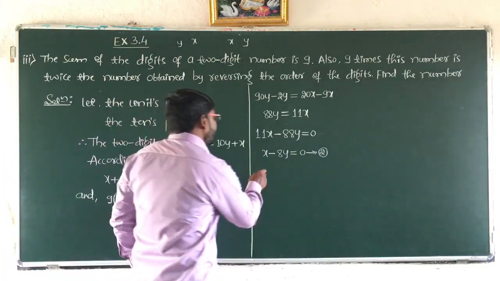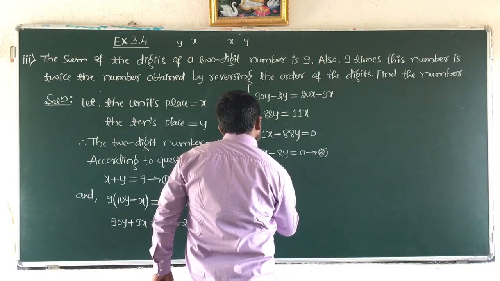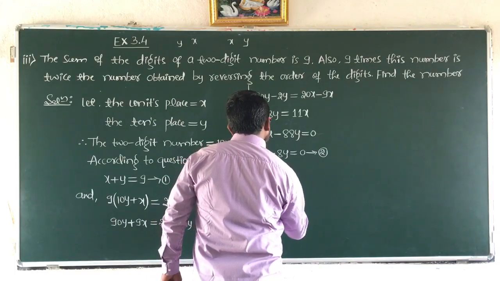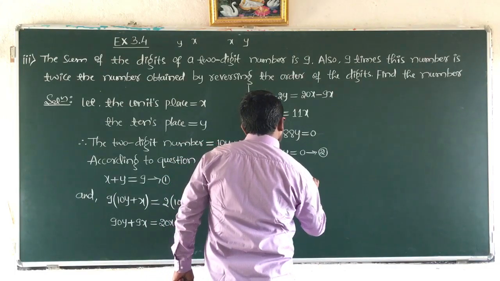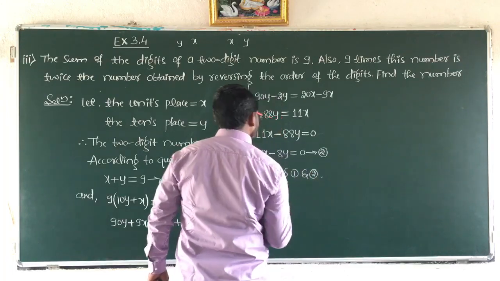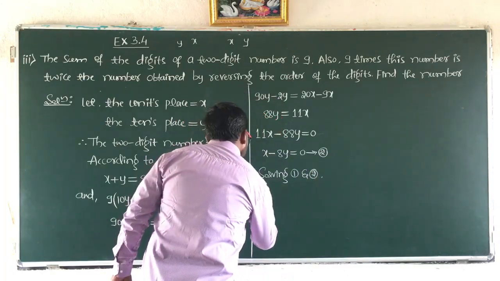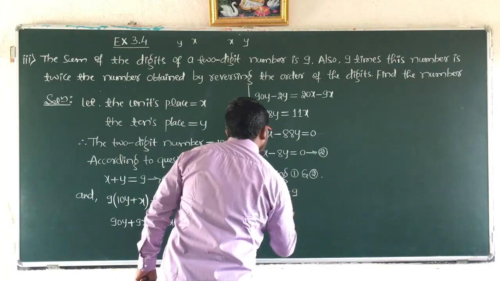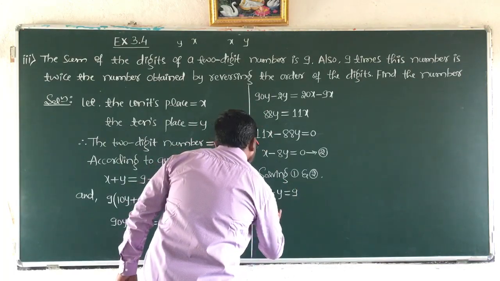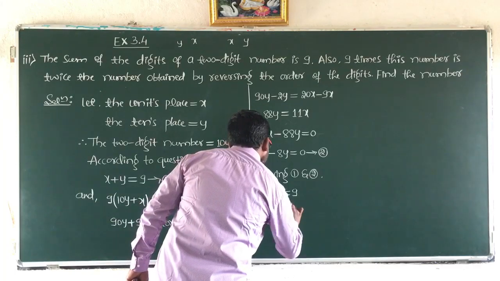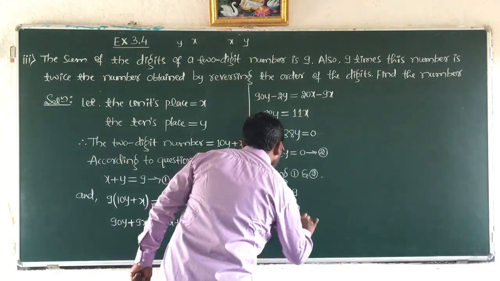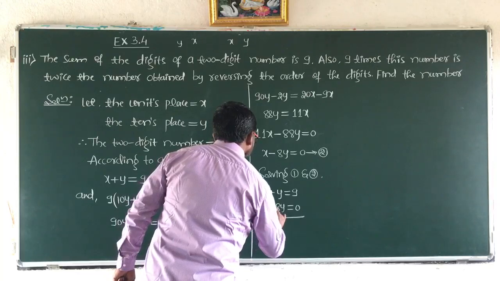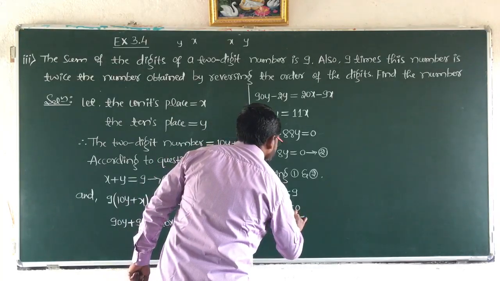So solving 1 and 2, x plus y, which is equal to 9, and then x minus 8y, which is equal to 0. So change the signs, minus plus, so here it is minus.